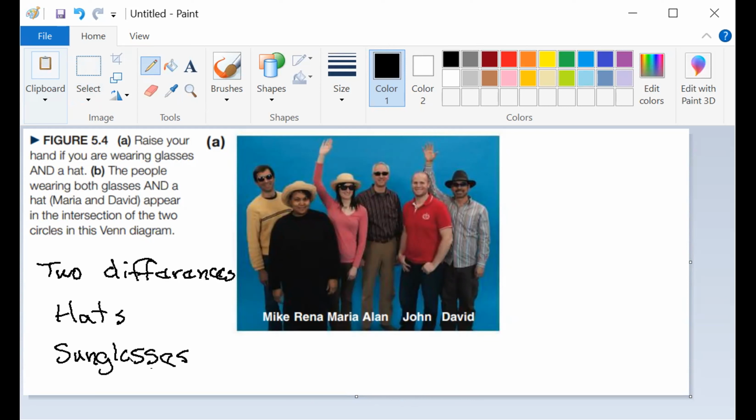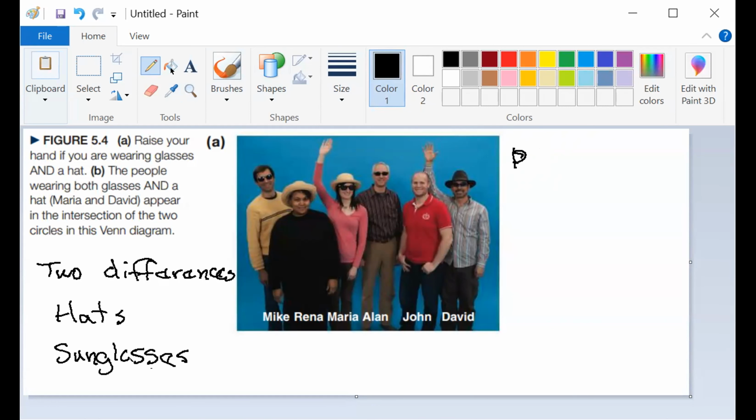So I was going to jump back to the whiteboard, but I think we've got enough from here. So let's just write: the probability that someone is wearing a hat. We just said that, that's 3 out of 6.